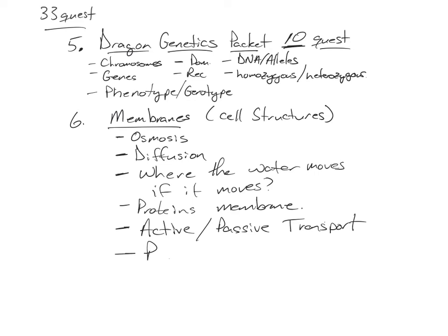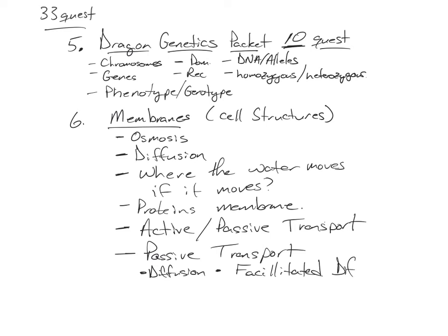Within passive transport, you have diffusion, and you have facilitated diffusion. If you've forgotten any of this, it should be in your notes. If you don't have it in your notes, you have the videos still waiting on my YouTube channel.